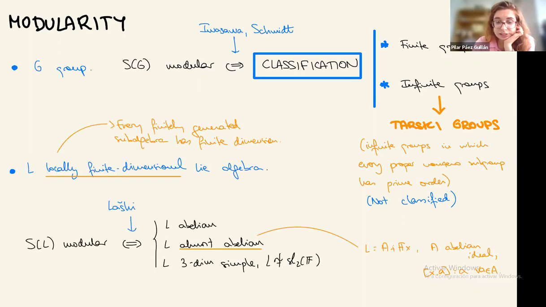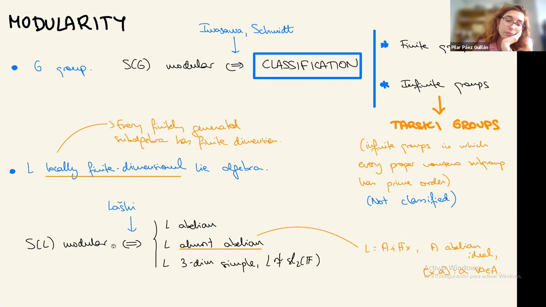Okay, and what happens in Lie algebras? Before we had a very trivial result with distributivity, but now things get more complicated. Let me begin with this locally finite dimensional case. I mean, every finitely generated subalgebra will be finite dimensional.